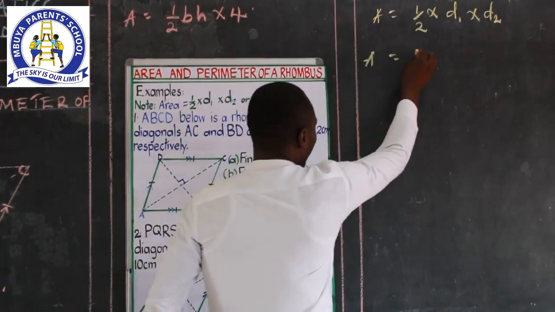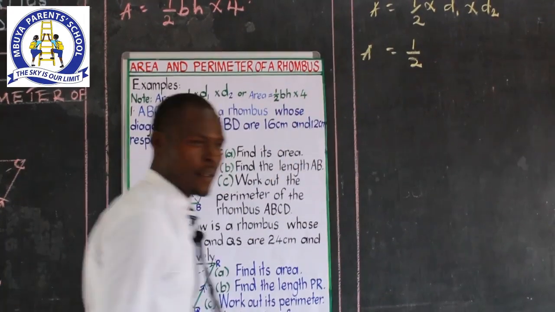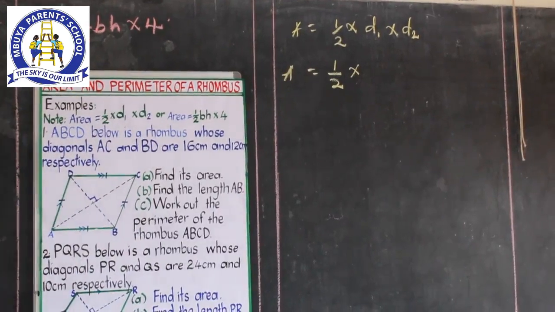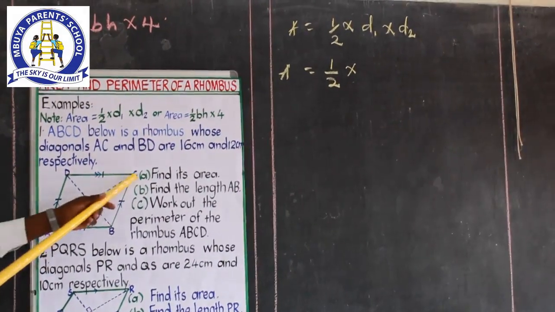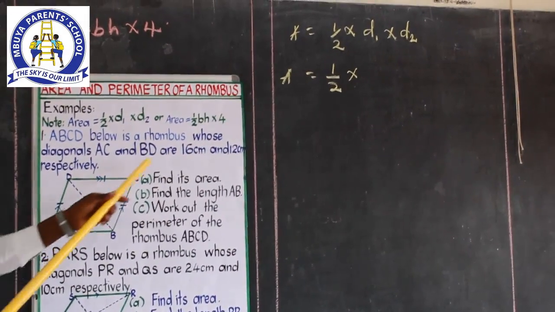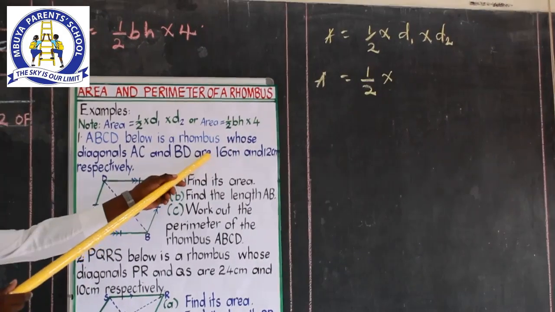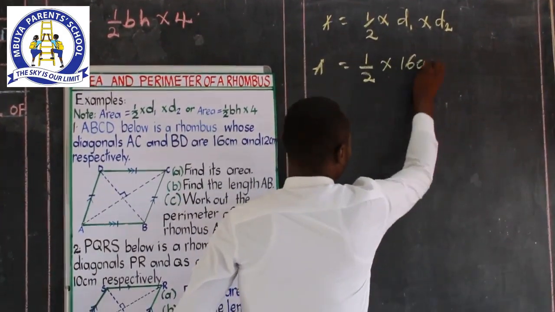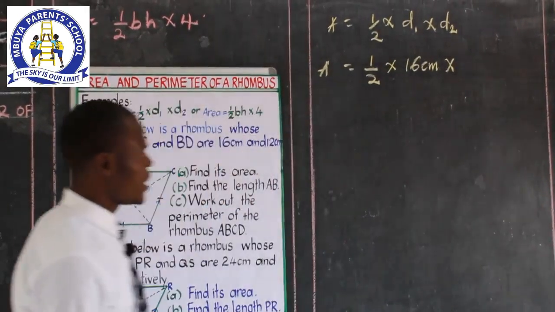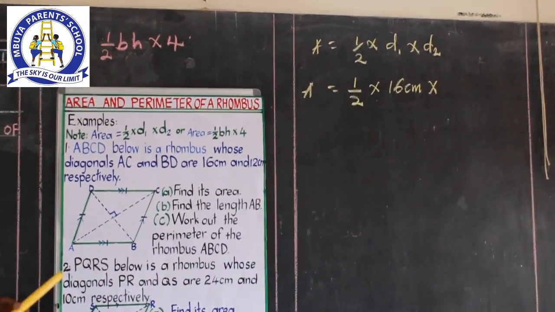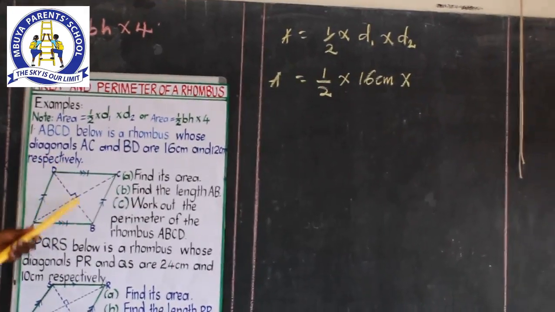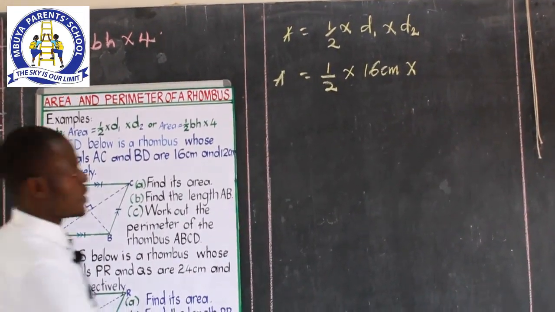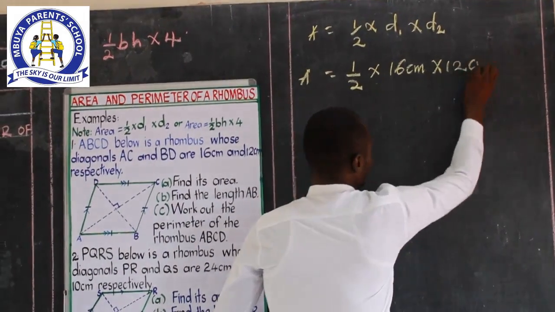We've seen area is equal to a half times diagonal 1. We've said diagonal 1 is our major diagonal, and the major diagonal is the longer diagonal, which is 16 centimeters. So times 16 centimeters times diagonal 2, which is the minor diagonal, diagonal BD, measuring 12 centimeters.